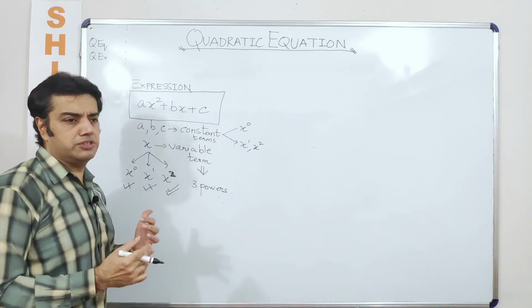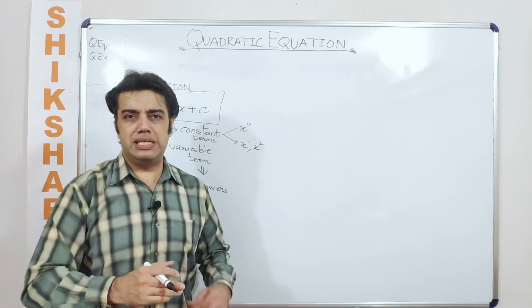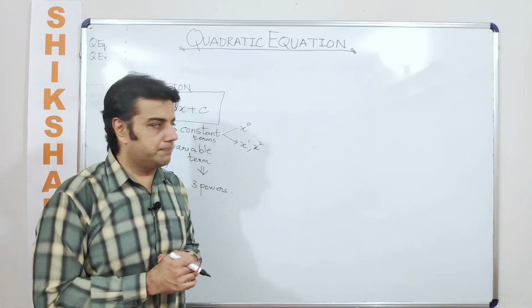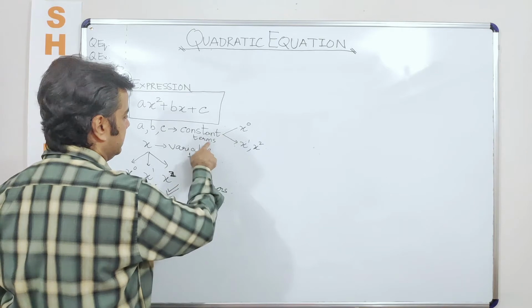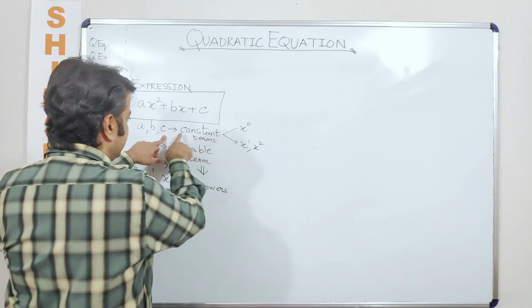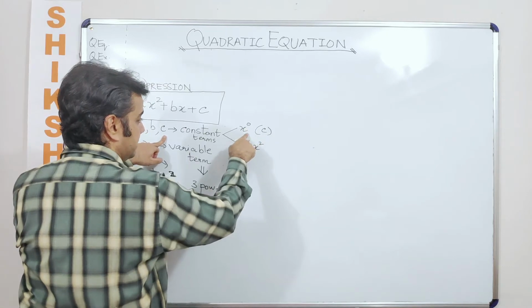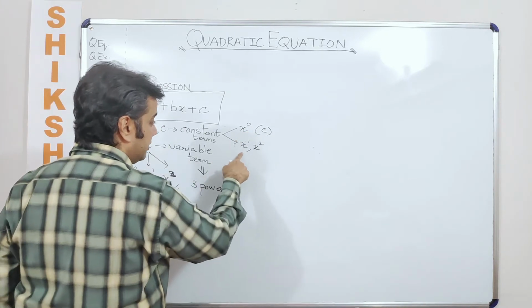Now talking about the constant terms. What are constant terms? Constants are basically numbers. What are numbers? Maybe fractions, maybe integers, maybe non-integers, etc. Now here, one constant term, which is c, comes along with x to the power 0.